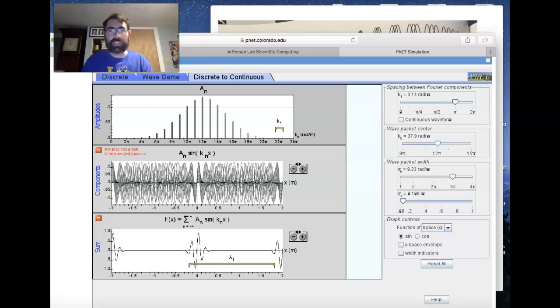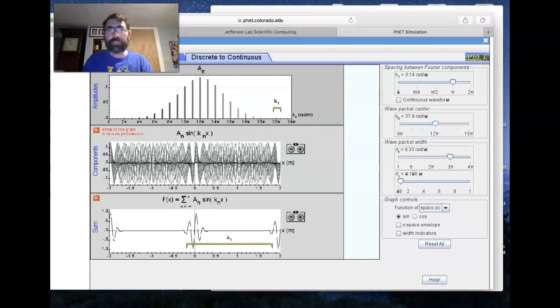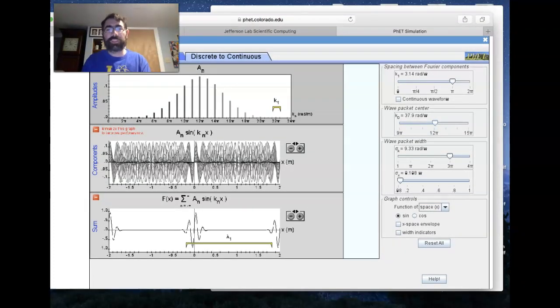The interesting thing, and this may be hard to see, is that if I look down here in this set of scroll bars over here, I see the uncertainty, the width of the wave number k, as well as the width in x.